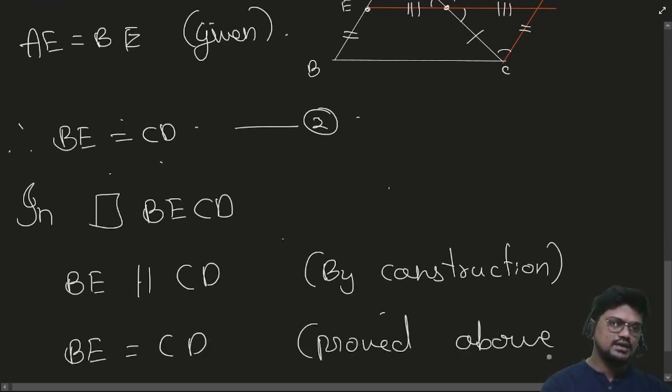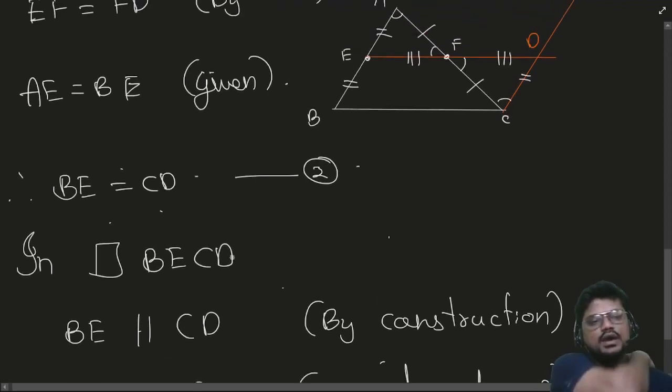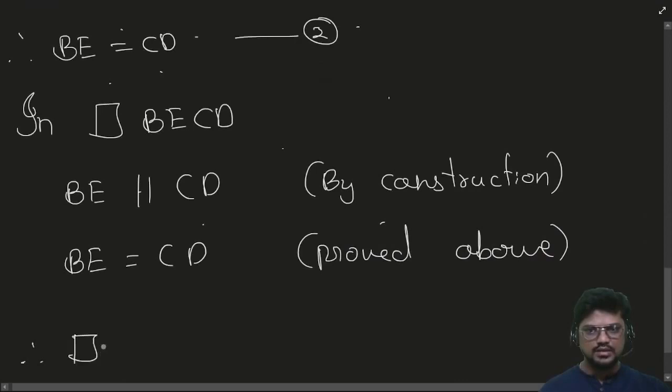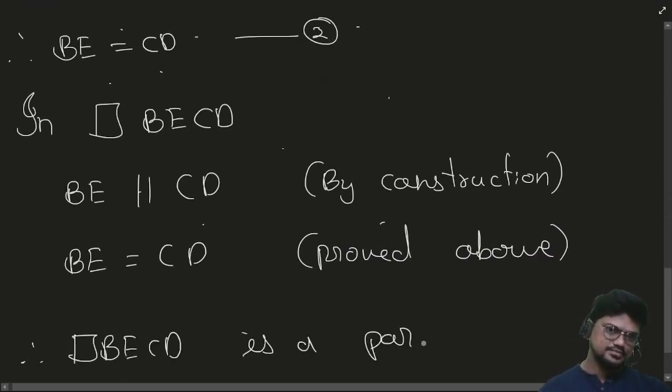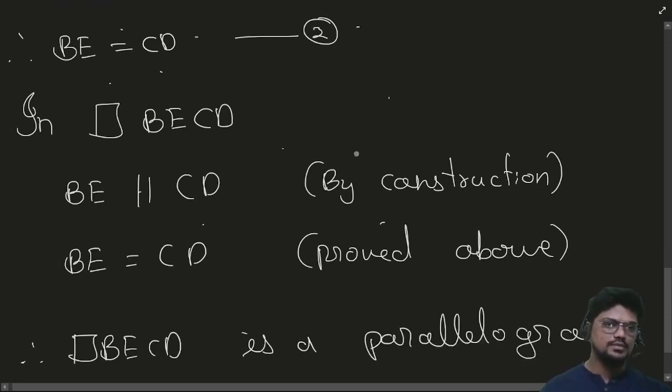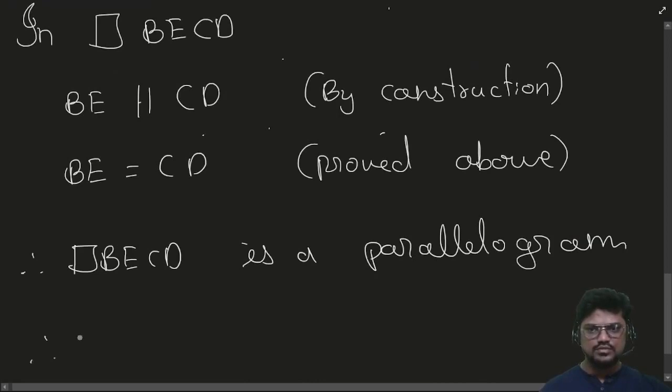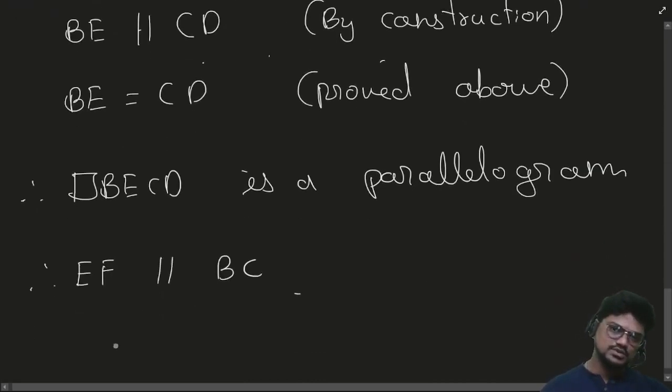If the opposite pair of sides of a quadrilateral are equal and parallel, then the quadrilateral is what? Parallelogram. Therefore, quadrilateral BECD is a parallelogram. Now, if it is a parallelogram, can I say EF is parallel to BC? Yes. Therefore, EF is parallel to BC, and hence proved.